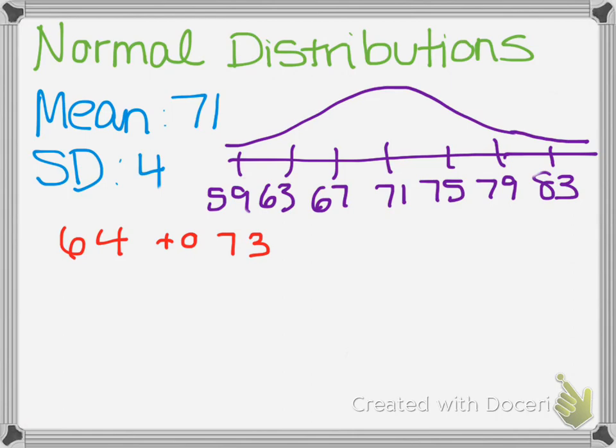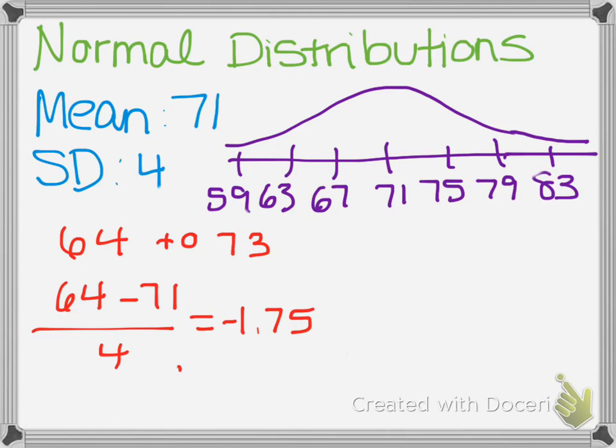I have a lower side, 64, and an upper side, which is 73. So 64 minus 71 over 4, and I get negative 1.75. I look in my chart on the negative side, negative 1.7 over to 5, and that gives me 4.01%.